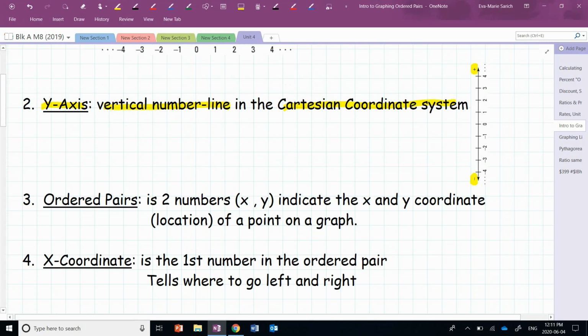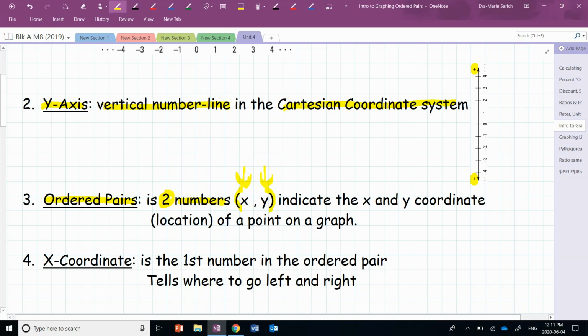Now we're going to be graphing an ordered pair on this type of grid created with these 2 number lines. So an ordered pair or ordered pairs are 2 numbers. When we see that ordered pair, those 2 numbers are found in a bracket. And the first number in that ordered pair is the x. The second number is the y.